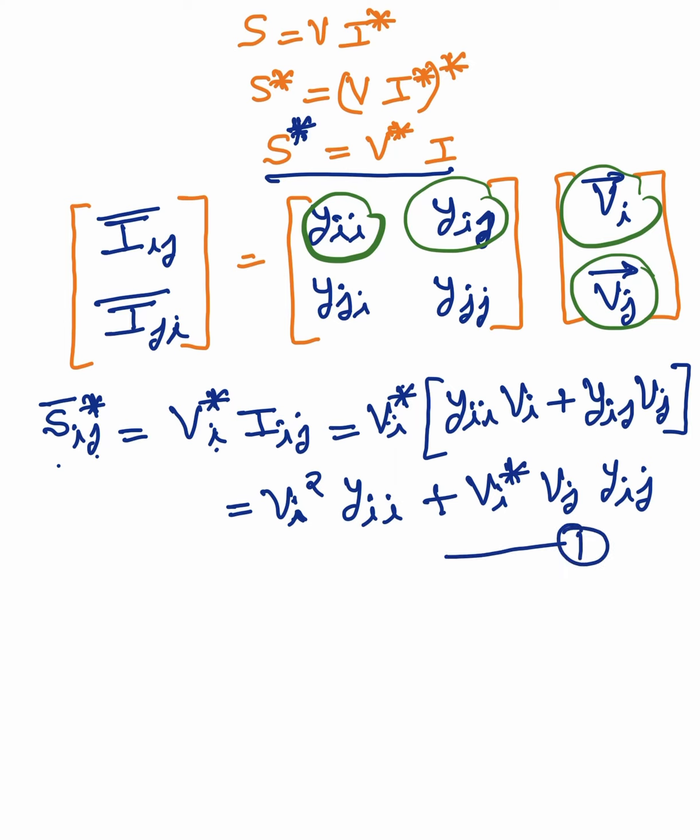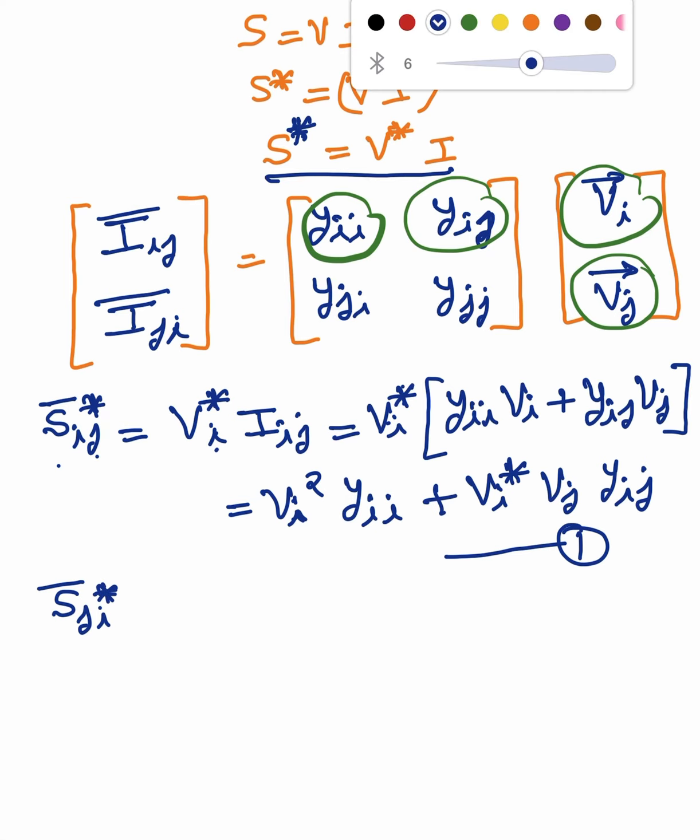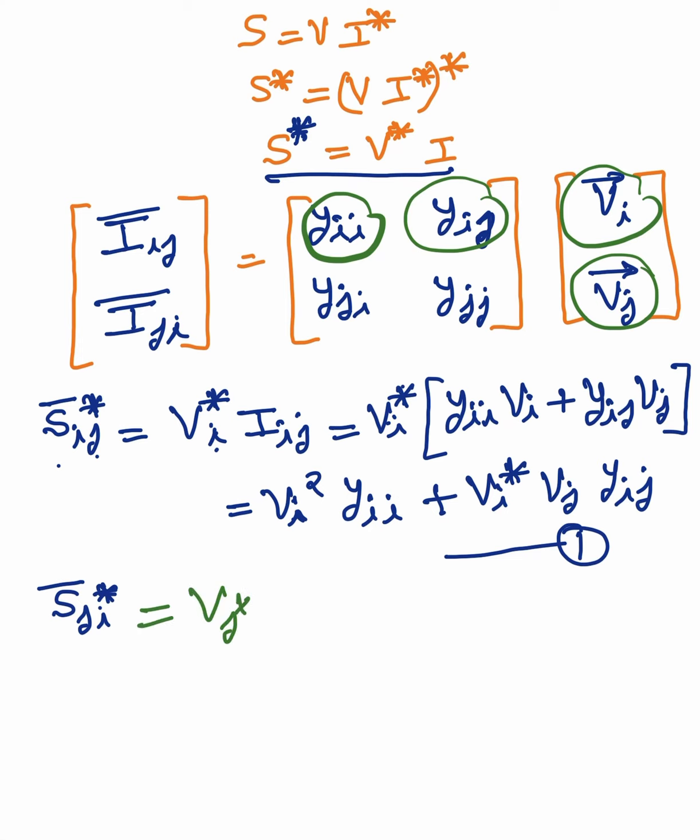Okay, understand it? So next is Sji conjugate. Okay, so that is written as Vj conjugate and Iji.